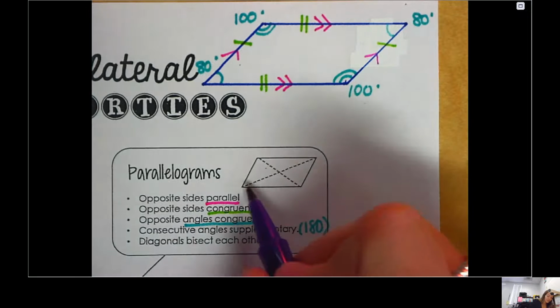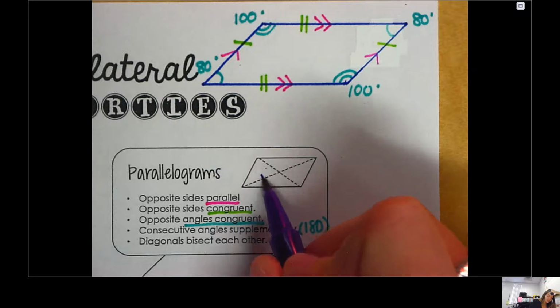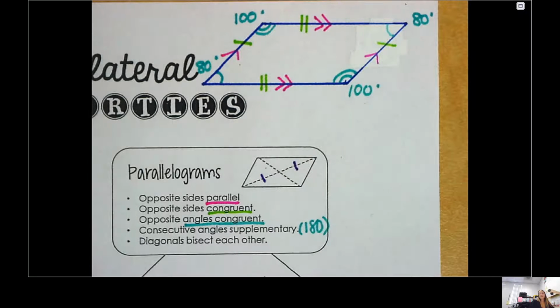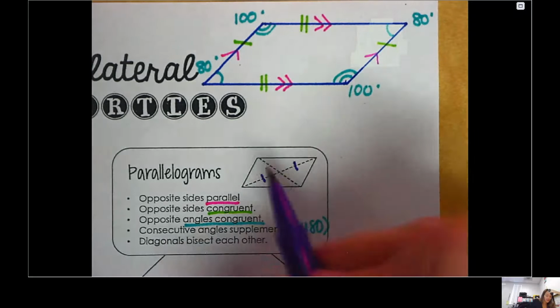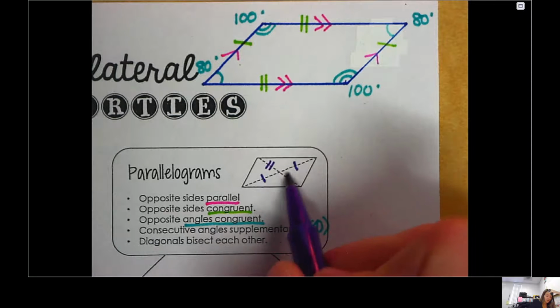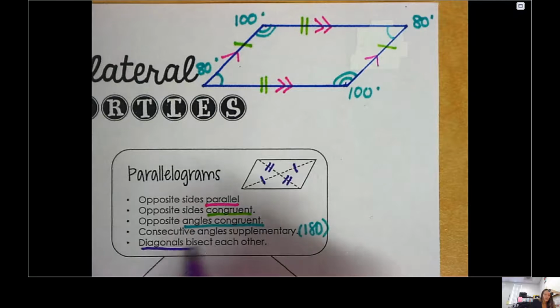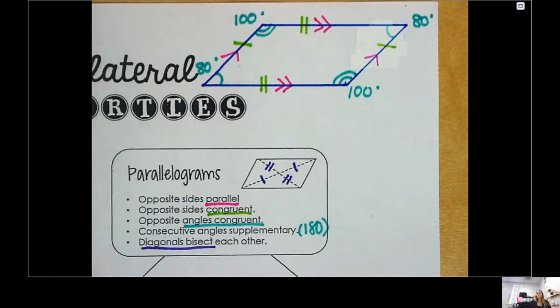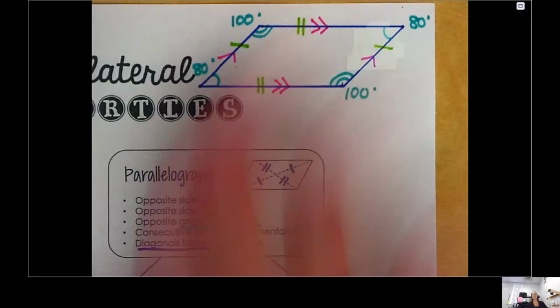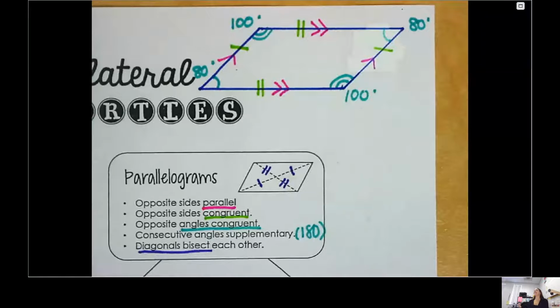Like this line right here, these two little pieces are the same. Same with the other two sides as well. Another pair of diagonals that are bisected. So today we're only going to talk about parallelograms and nothing else. And we're going to use this picture to figure out how to set up our equations for each one. And I think you guys are going to breeze through it, easy peasy.